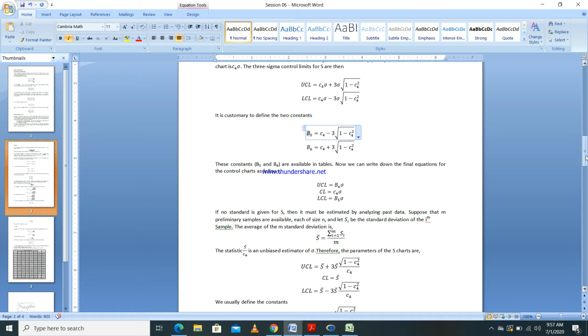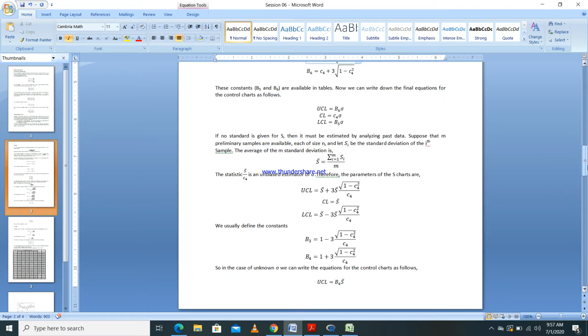So if the population standard deviation is an unknown factor, and you are given a data set and still asked to construct the S chart, then you have to calculate the sample standard deviation values for each sample, and then take the mean value of the sample standard deviations, that is, the total of all the standard deviations divided by the number of samples.